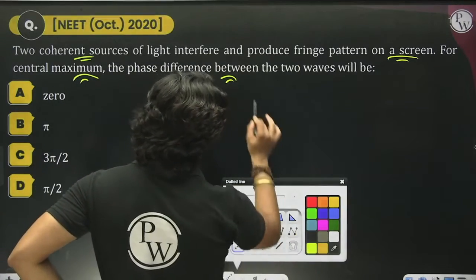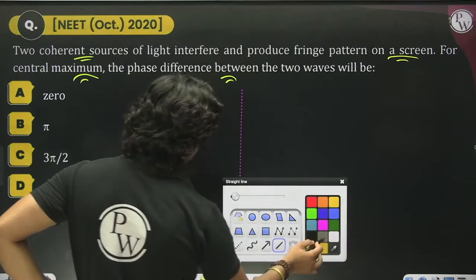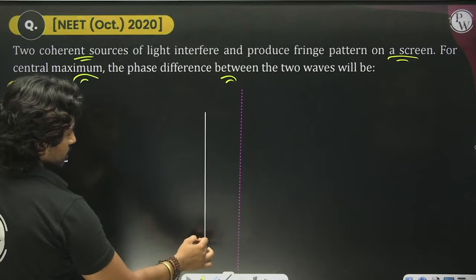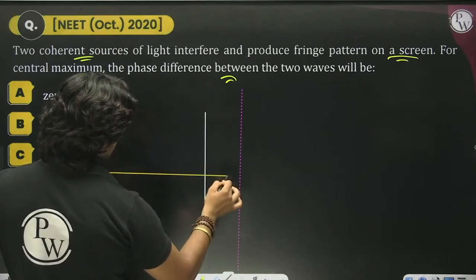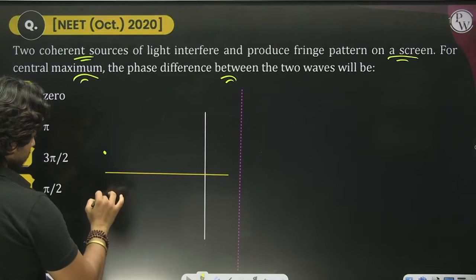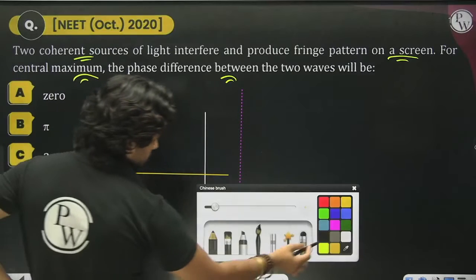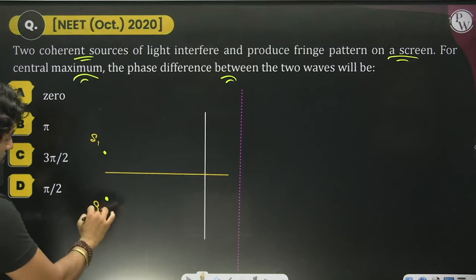For central maximum, you need to find out the condition of central maximum. So this is the screen, and these are the two slits over here, slit number 1 and slit number 2. This is S1, this is S2.